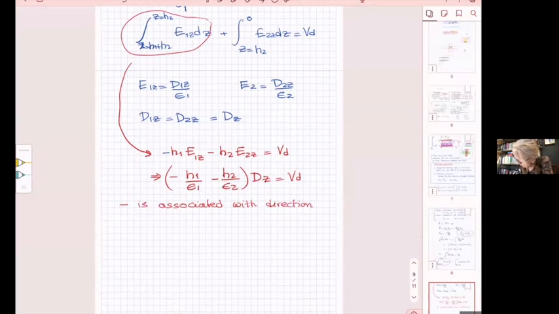Therefore H1 over epsilon 1 plus H2 over epsilon 2, times D_Z, equals V sub D, where D is along this direction, and I put it like that so I remember it. All right, that's where I remove the negative sign.